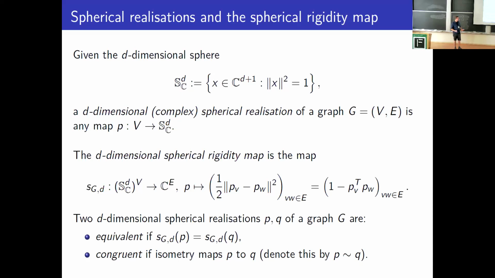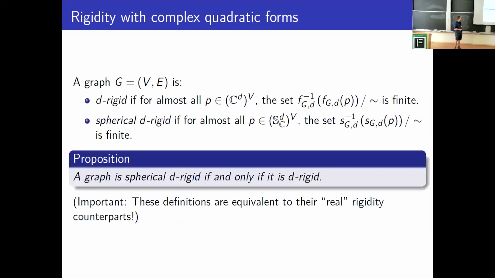I hope. Cool. Right. So there's reasons why we go to this setting. Firstly, quickly, we're going to say a graph is rigid if almost all of its realizations have a finite set of equivalent realizations, modulo these congruences.